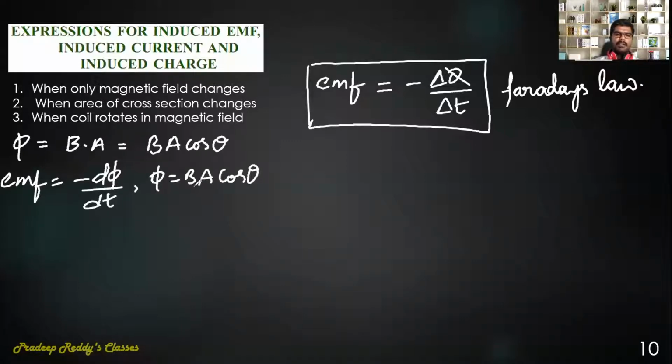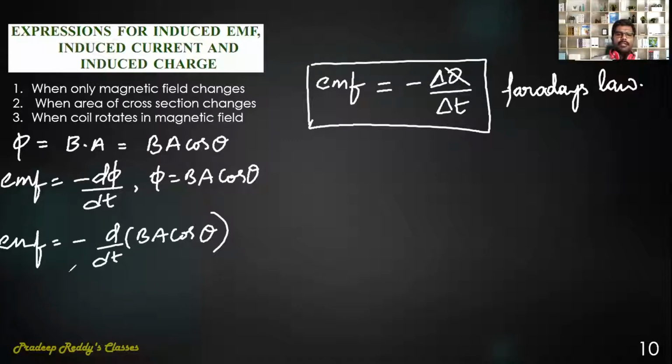B, A, and cos theta, the three of them can be variable. So we will write this as EMF is equal to minus d by dt of BA cos theta.